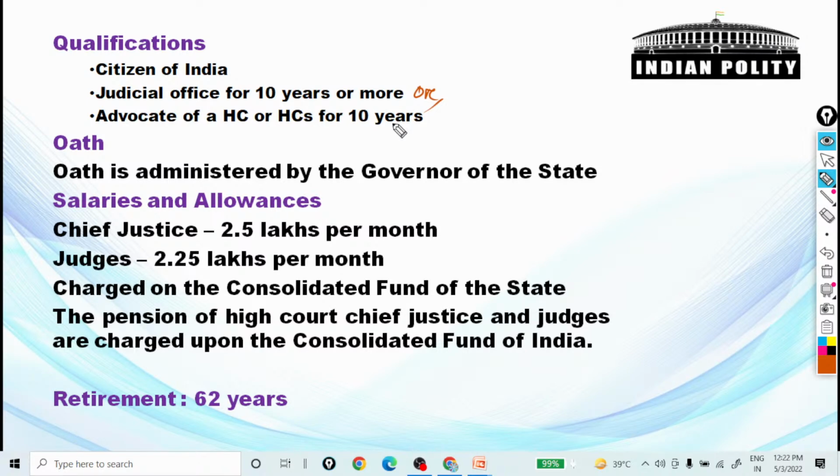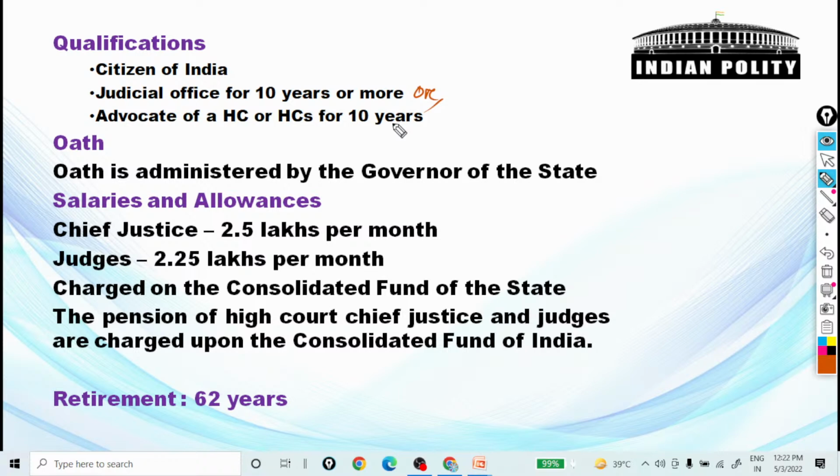Then you find the salaries of the High Court judges. They get a salary after the 7th Pay Commission revision. There was a revision in the salary, and their salary and allowances are decided by the Parliament.